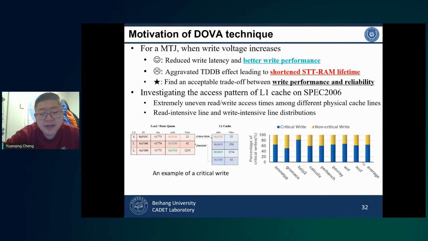This work is based on a very interesting observation, which we can see in the lower right figure, where we define the critical write and non-critical write when we run different kinds of applications. A critical write means that when we access the cache to write data, another following access is to read the data from the cache.